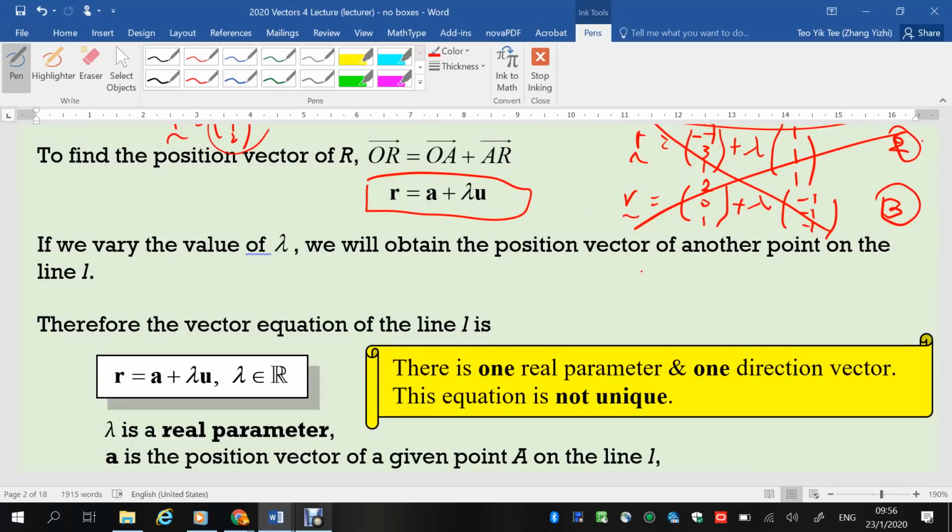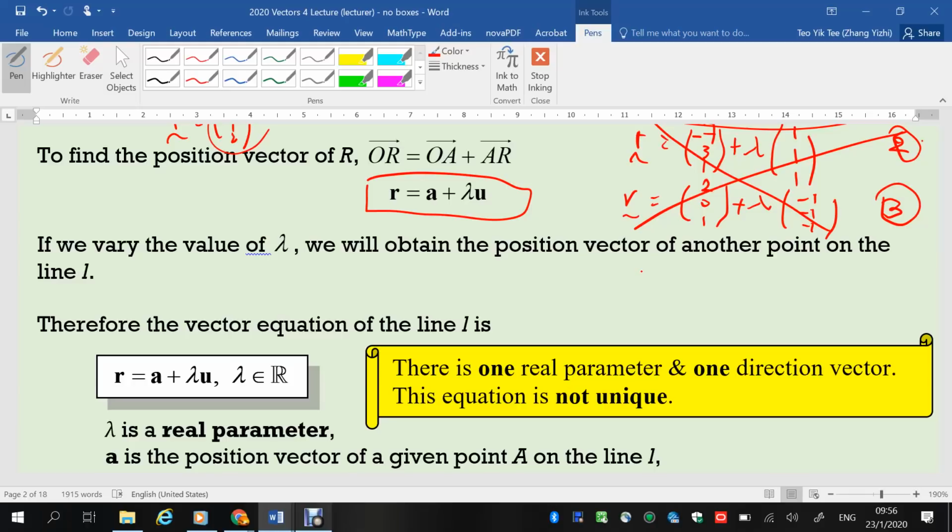This is how we usually represent the equation of a line: a plus lambda u, where a is a point on the line, u is the direction that the line is progressing. Most of the time students just give me this, but I want you to be more specific. Add in, comma, lambda is an element of the real numbers. This way you'll remember it better.